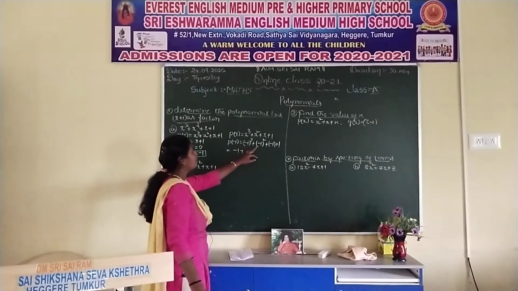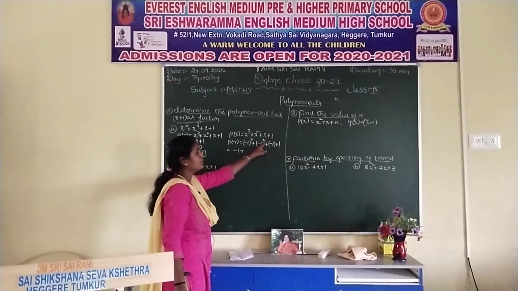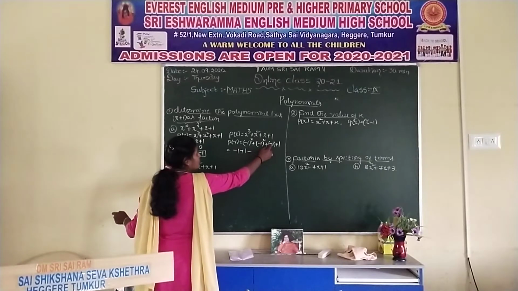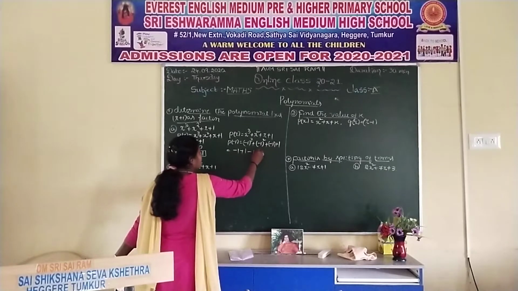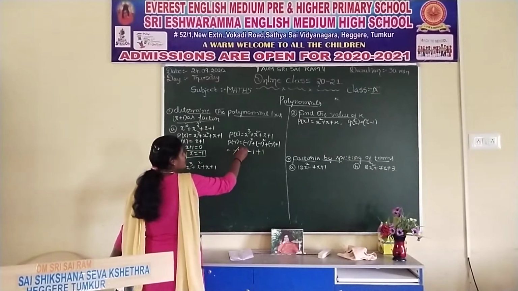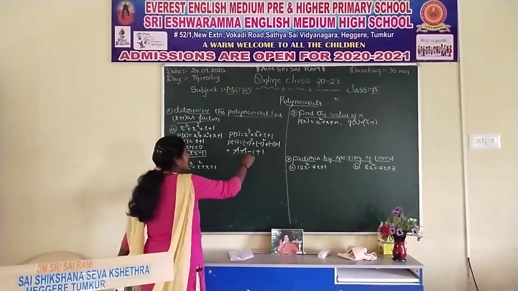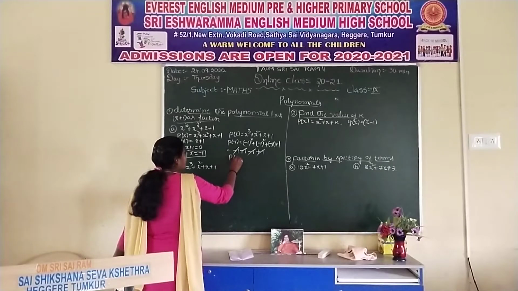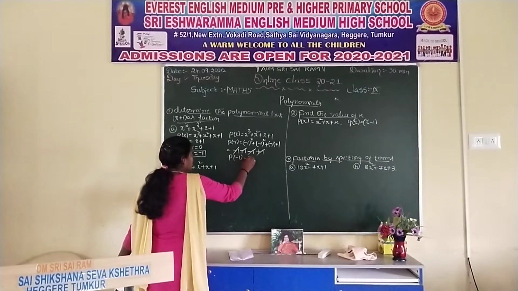We are multiplying an even number of times, so it becomes plus 1. Again, plus into minus is minus, and plus 1. Minus 1 plus 1 get cancelled, and minus 1 plus 1 get cancelled. So p of minus 1 is 0.